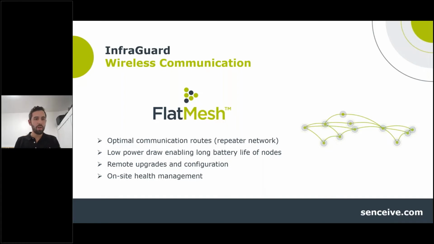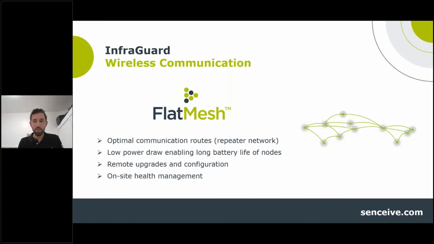So FlatMesh, if you're not familiar with it already, is a mesh network. It's a repeater network, you can say, where all nodes on a network can communicate with one another at a very high rate. So sampling rates we can get sub-minute on all networks, and that's where we really see this fast reaction if there is some movement to when an alert and data is received.